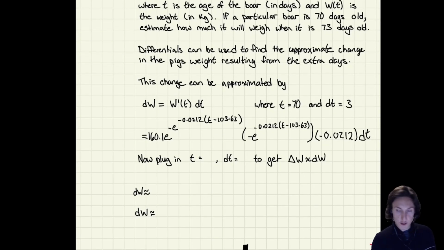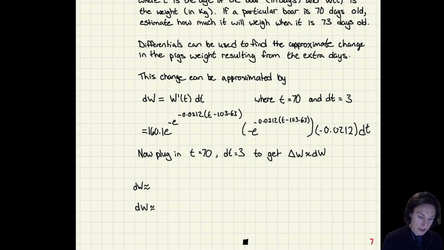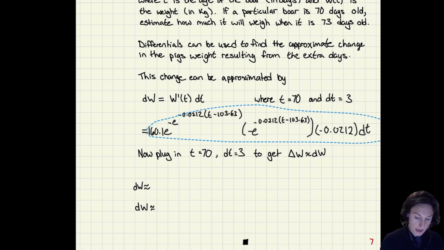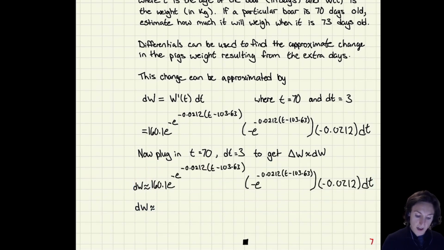Now we know what happens on the 70th day, and I'm curious to see what happens with a change of t of 3 days. In order to get my change in weight, which is approximately equal to this dW, I'm going to take my expression: the 160.1 multiplied by all this absolutely gorgeous stuff, which I'm going to copy and paste because I'm able to.